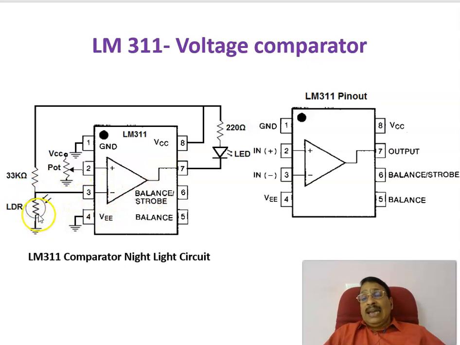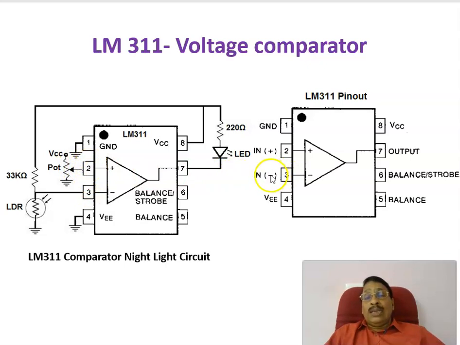This is a light detecting resistor, a photoresistor, whose resistance is a function of light. During the night period its resistance will be much higher, so the voltage at point 3 will be much higher than the calibrated voltage at point 2.